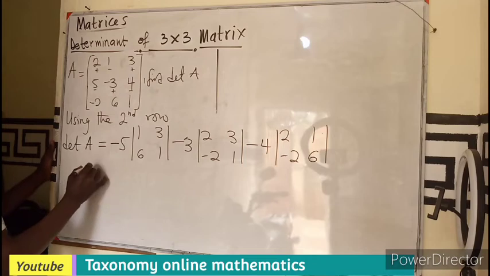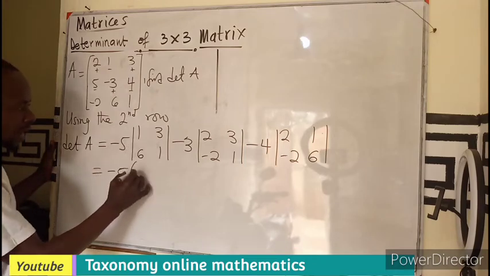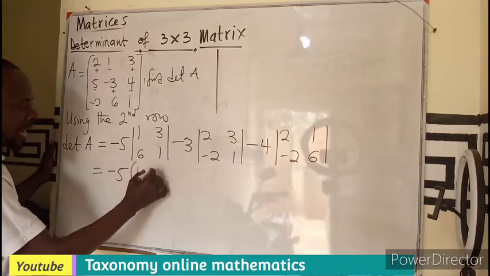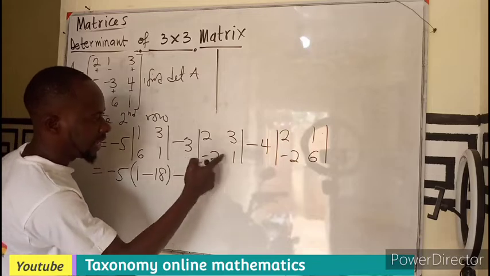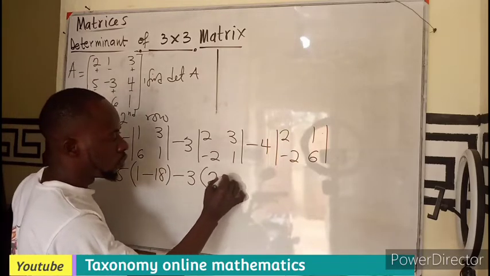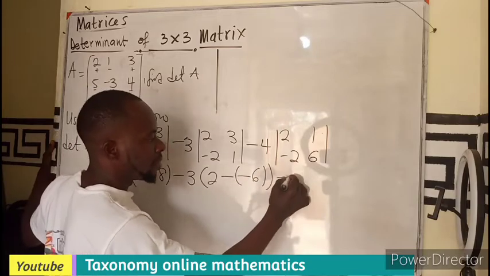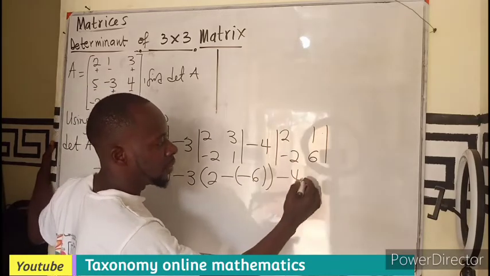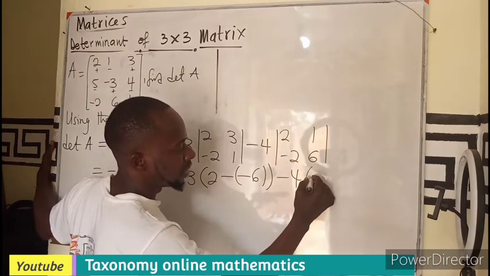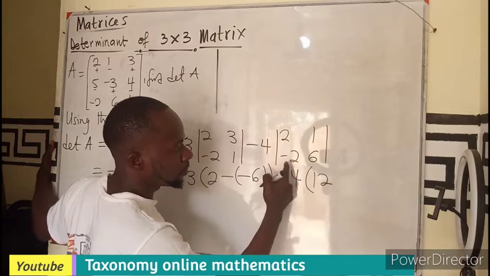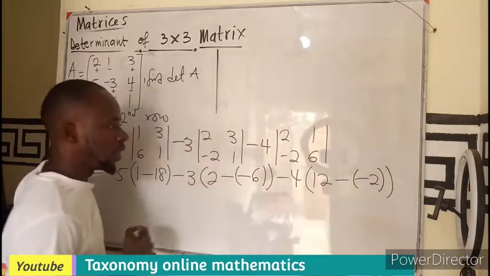We have our minus 5, leading diagonal 1 minus other diagonal 18, minus 3 into bracket, leading diagonal 2 minus negative 6, minus 4, leading diagonal will be 8, right? This and this is what? 12. Okay. Minus 2. Let's check.